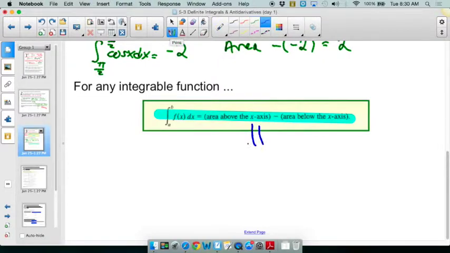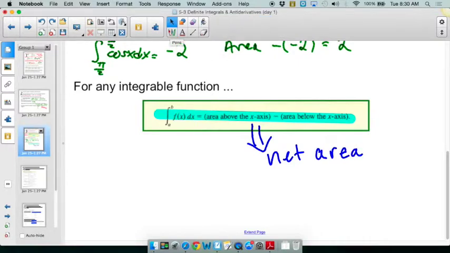Or what I like to refer to as the net area. If we have more below the axis than above the axis, then the answer is going to be, more area below than above, my answer is going to be what? Negative. More area above than below, then my answer is going to be positive. Okay.